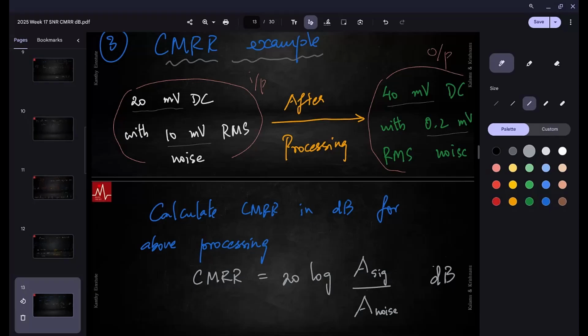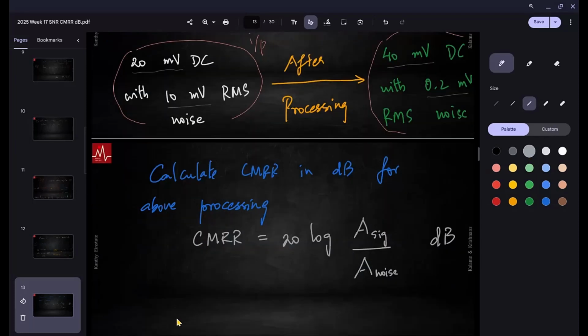Let's do one bit at a time. Okay, so A difference, I suppose A difference you are referring to. So gain in signal, let me do one. Gain in signal. This happens to be 40 by 20. That is 2. Millivolt will cancel. That's very good. What is gain in noise?